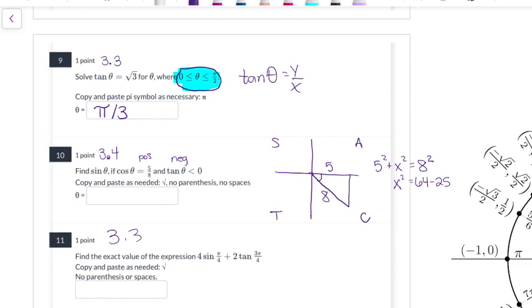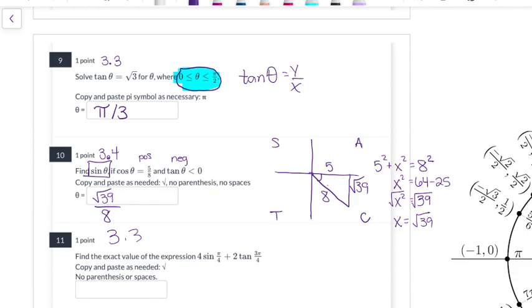So what is that math? Hopefully you know it by now. 39. 39 is prime. We like that because that means I don't have to simplify the radical. It's already simplified. This is square root of 39. We need to find sine theta, so that is opposite over hypotenuse, so that's square root of 39 over 8.